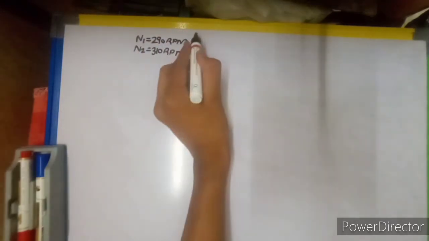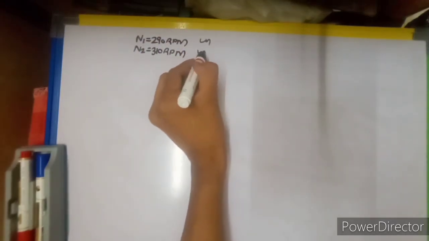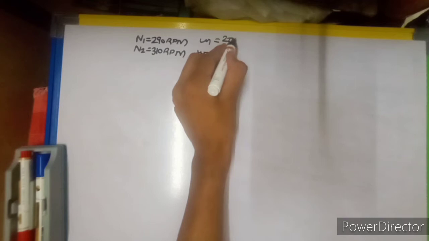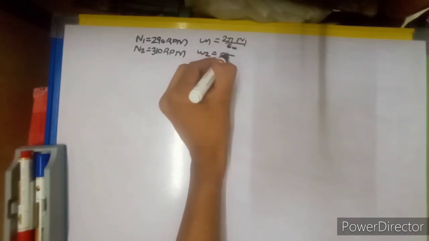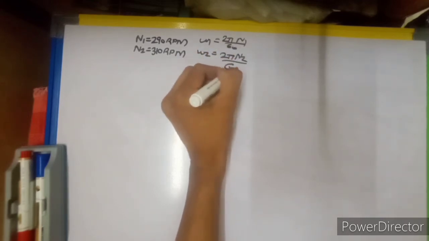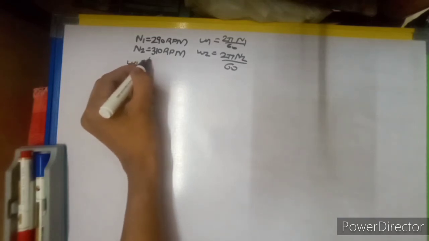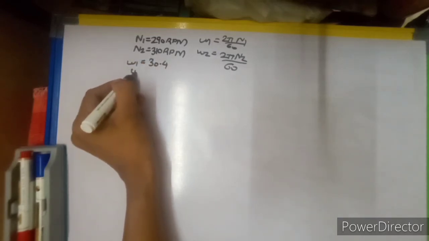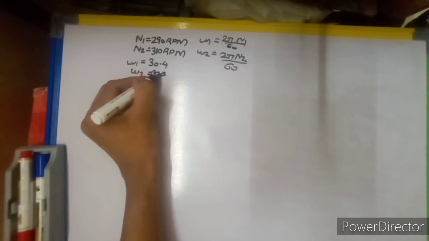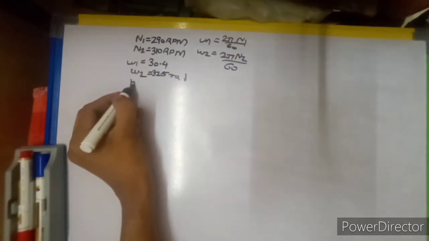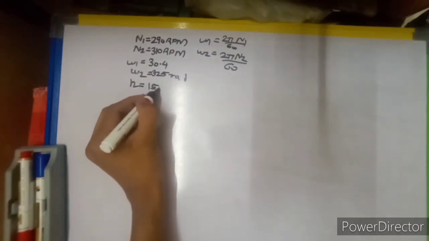So find its angular speed respectively, omega 1 and omega 2, that is 2 pi N1 by 60 and 2 pi N2 by 60. You will get respective answers, that is omega 1 is equal to 30.4 radian per second and omega 2 is equal to 32.5 radian per second. Sleeve lift is 15 mm.